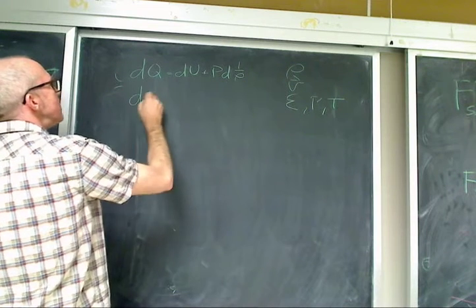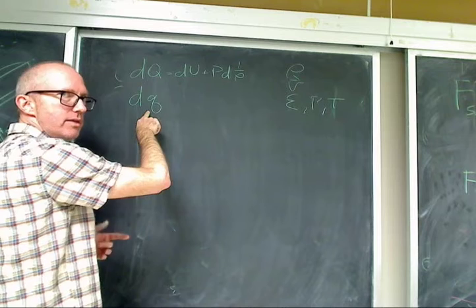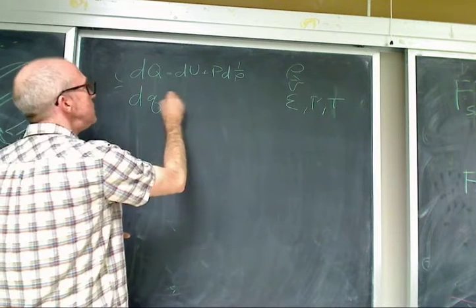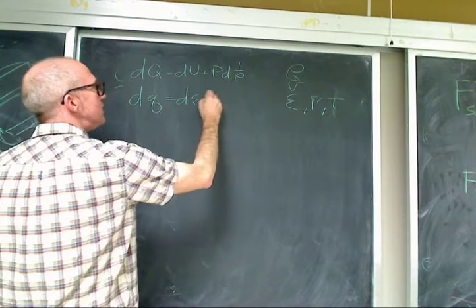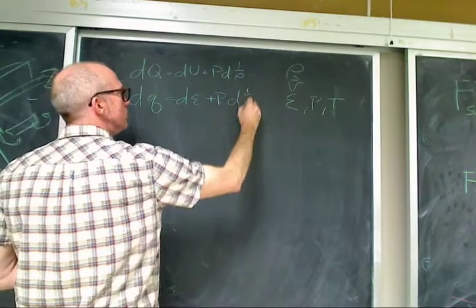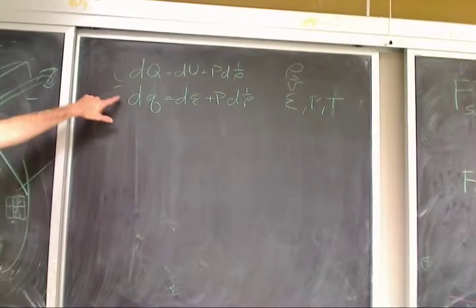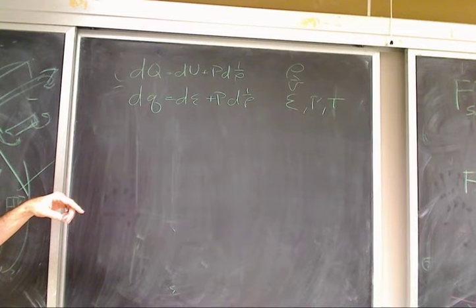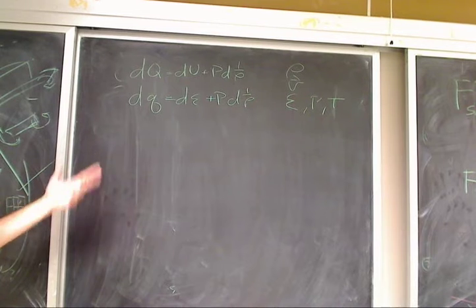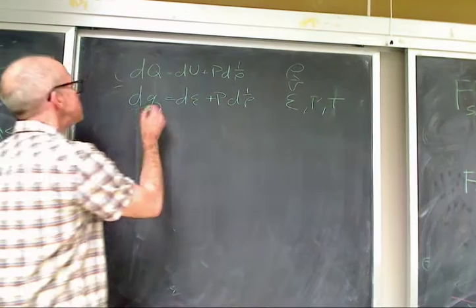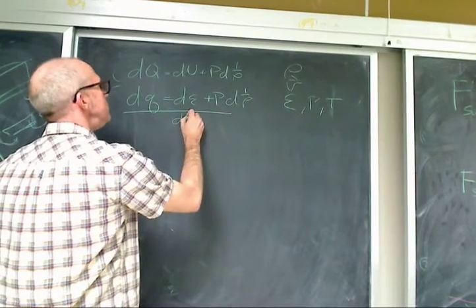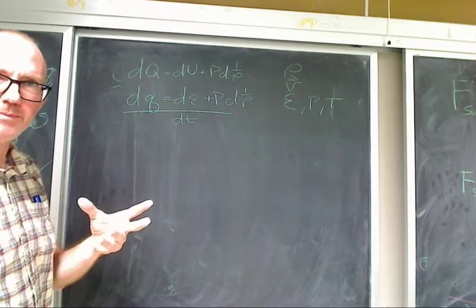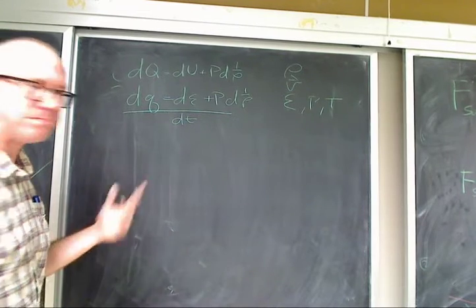So we've got to rewrite this. Now it's going to be dq. Little q is now the energy per unit mass. This is the total energy. This is the energy per unit mass. Equals d, we'll call this epsilon, plus p d 1 over rho. All I did was divide by the mass and rewrite the volume. That doesn't do me a lot of good. Here's the physics stunt. I'm just going to divide everything by dt. Really, a derivative is a limit of little things, but we skip that because whatever.